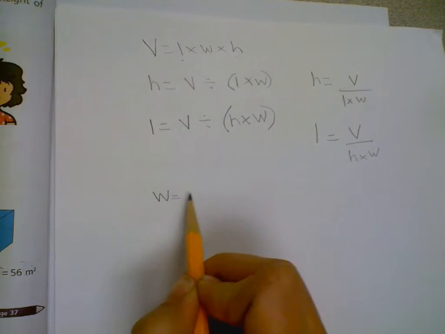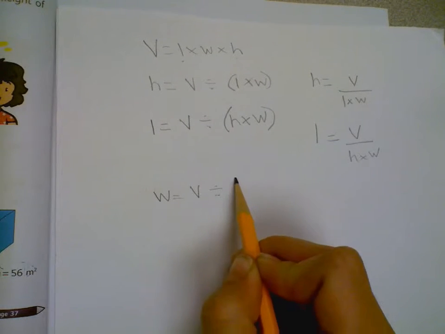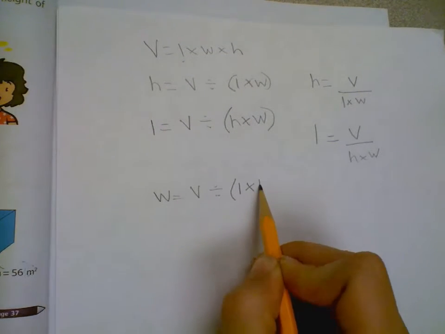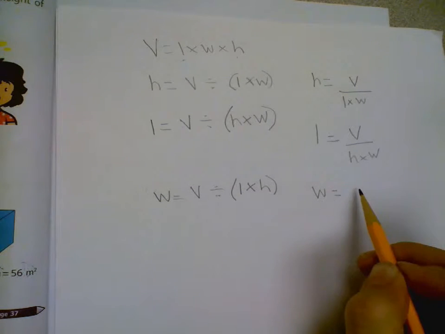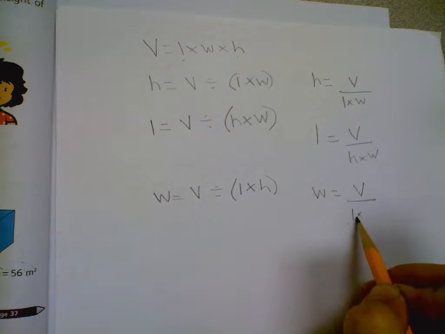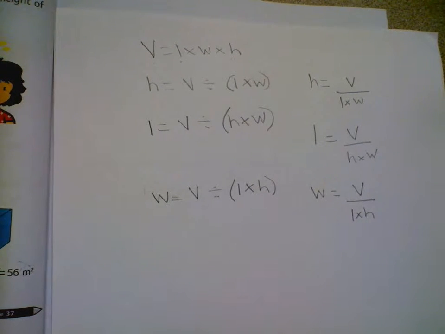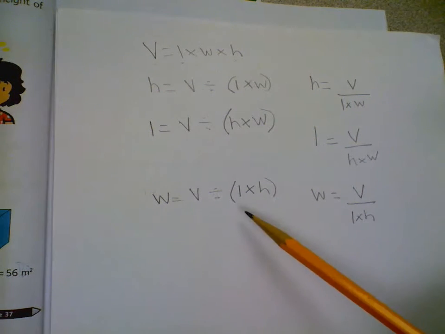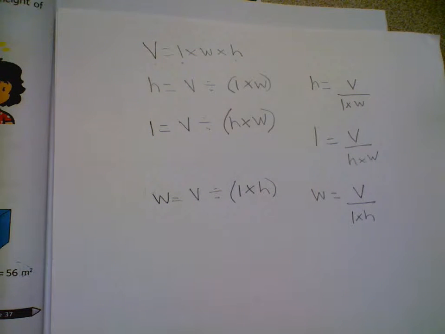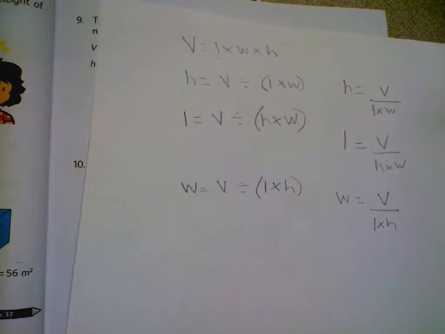Width equals volume divided by length times height. And that can be written as a fraction as well. So whichever way you prefer. Depending on what information you're given and what the question is asking for, you can rearrange your formula to find any given length, width, height, or volume.